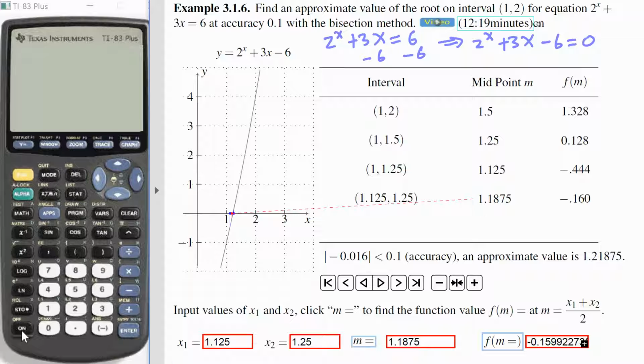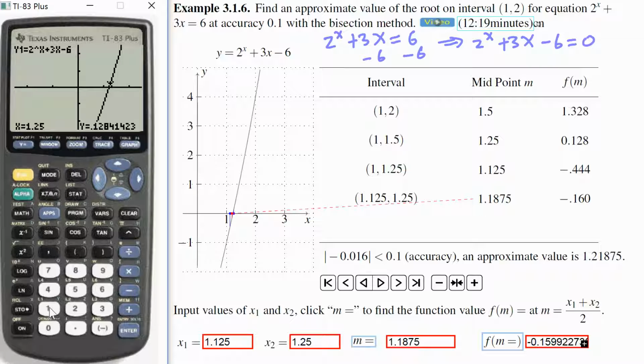Again, you can also do this by calculating 1.1875. Hit enter, you have a negative 0.1599.